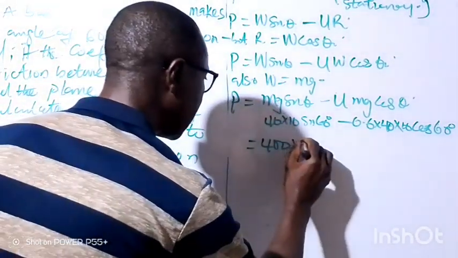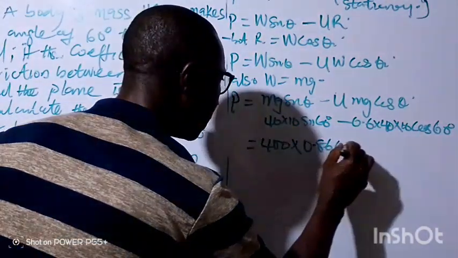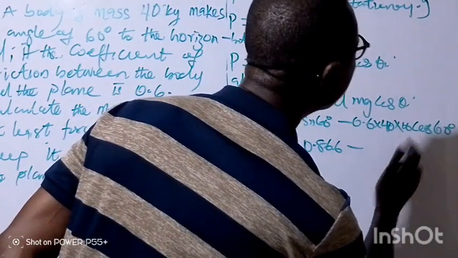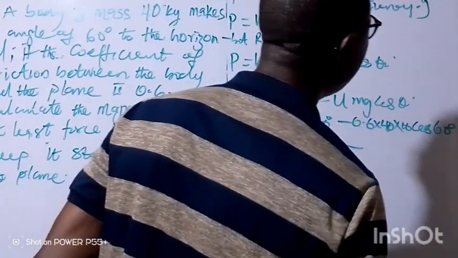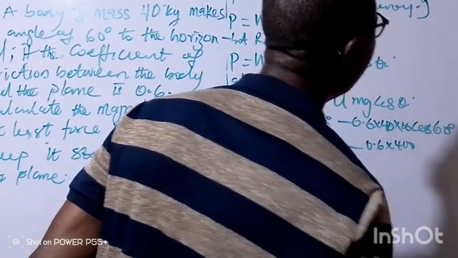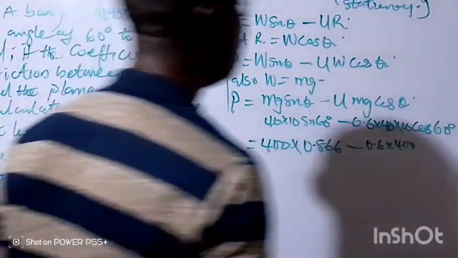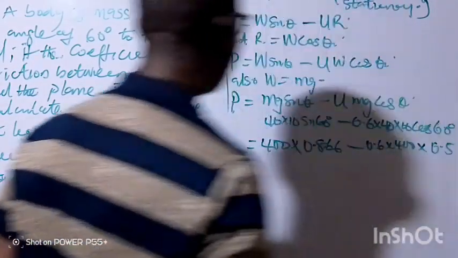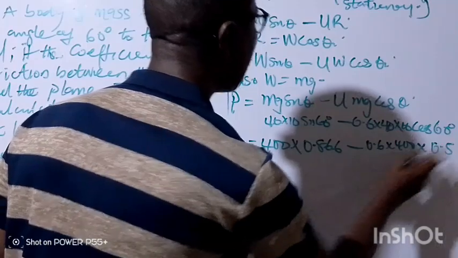That is 0.866 minus 0.6 multiplied by 40 multiplied by 10. That will be 0.6 multiplied by 400. Cos 60 will be 0.5, multiplied by 0.5. So multiply this one and subtract it from this one.